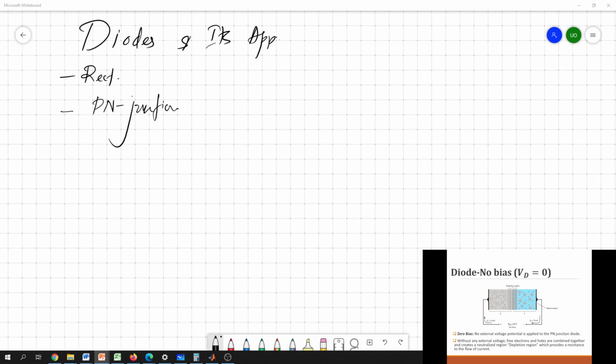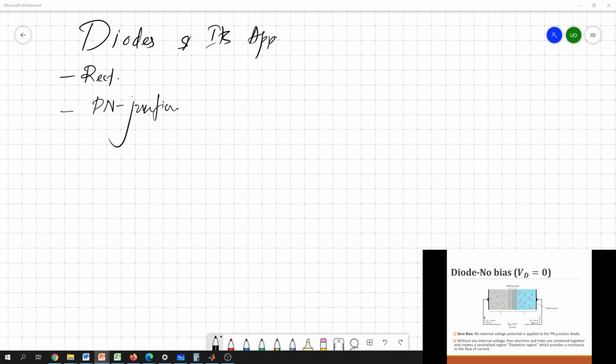Then you can see what happens once we apply a voltage across the P and N semiconductor material, that is, what happens to the free electrons and holes once you apply a voltage across the PN junction.